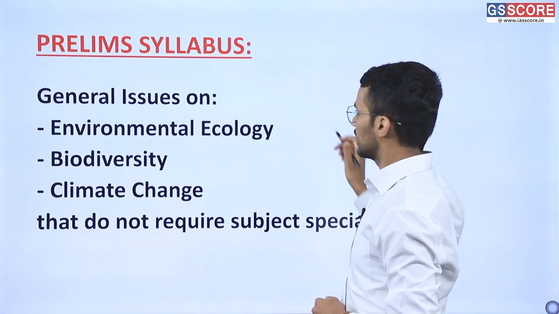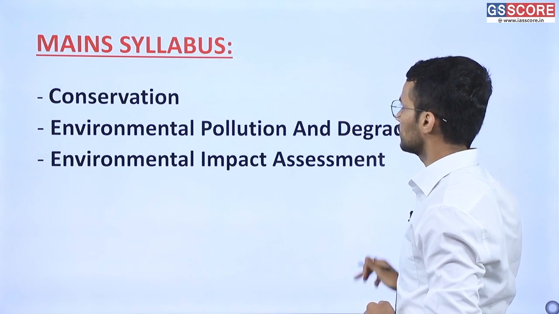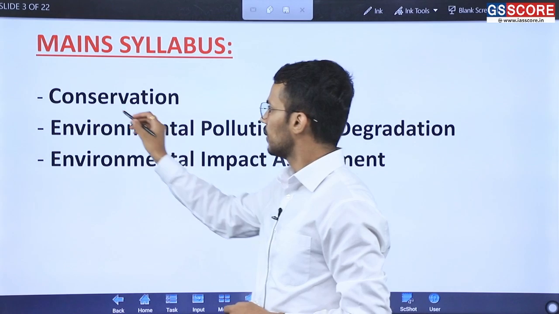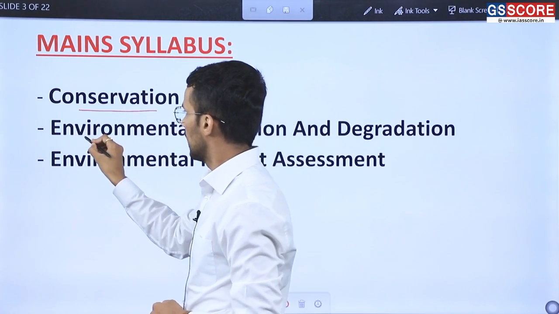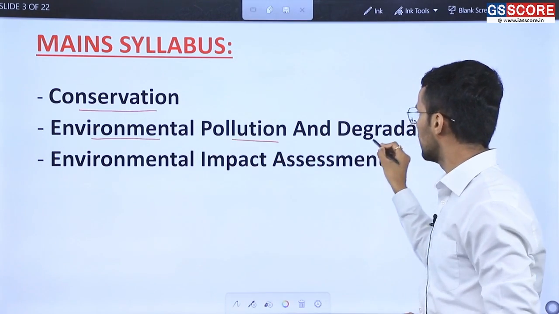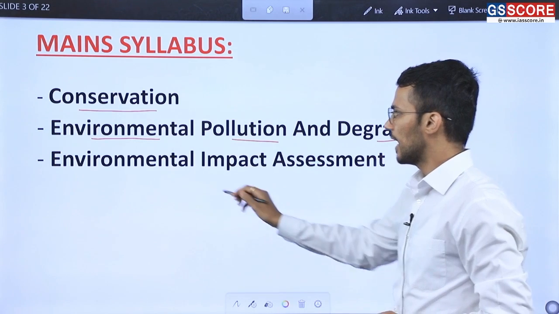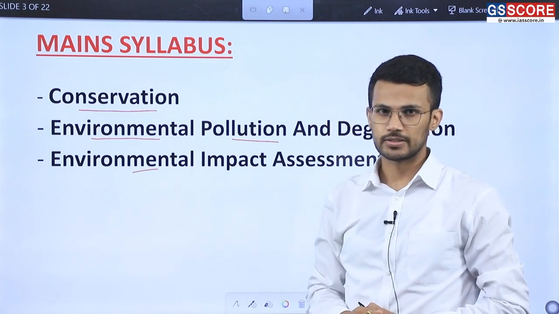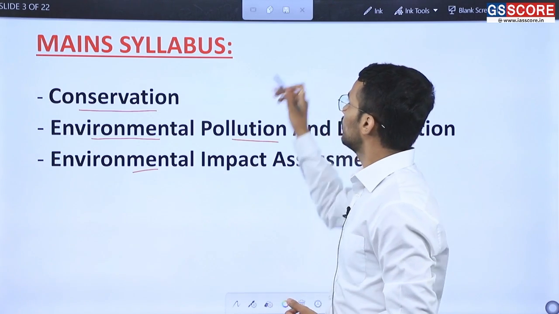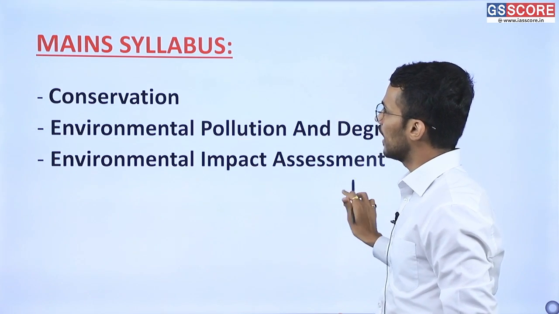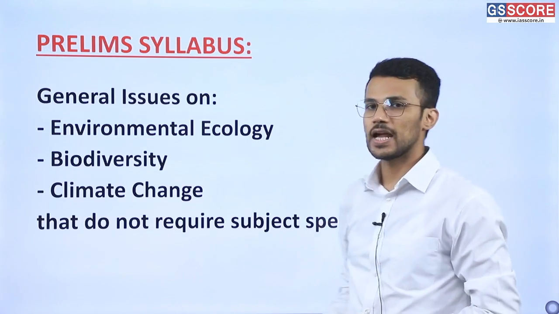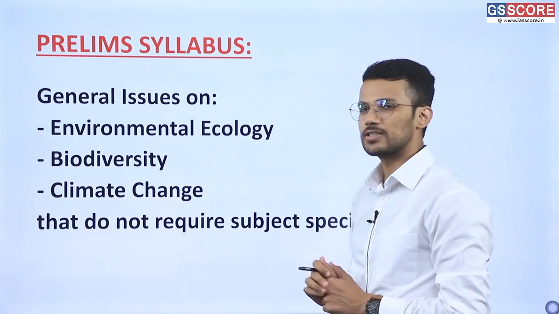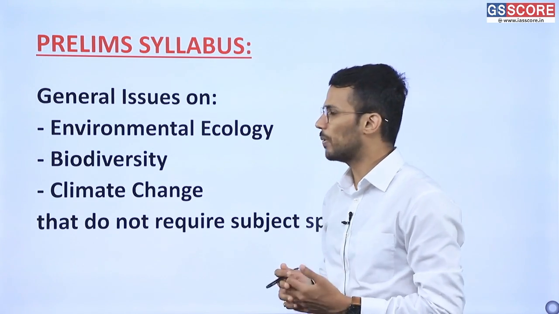Now, if we discuss the mains syllabus, then in mains it has been mentioned: conservation, environmental pollution and degradation, and the final topic is environmental impact assessment, right? So if we see both these syllabi of prelims and mains, we'll find that the topics mentioned are too open-ended.